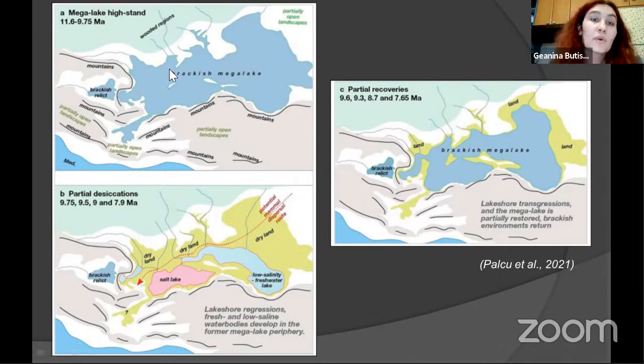And this happened when it was connected with the other basins. But then when it got disconnected, it started to be partially desiccated. And this desiccation, as I was explaining in the previous slide, had a major consequence over the basin topography in general and the biota.